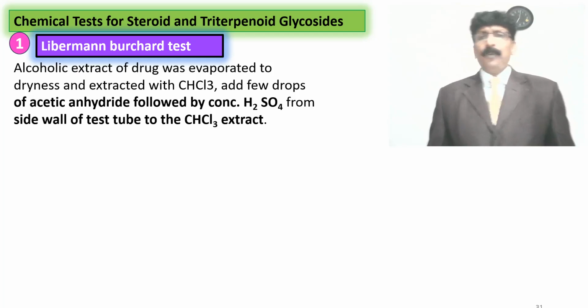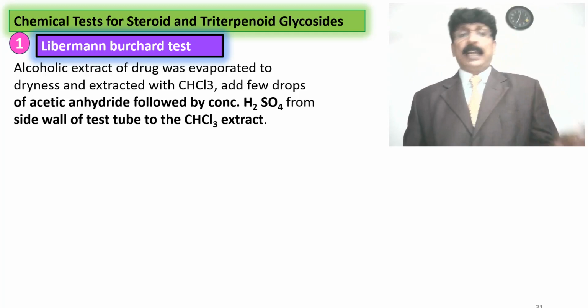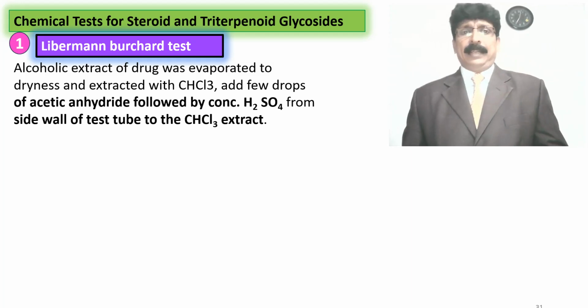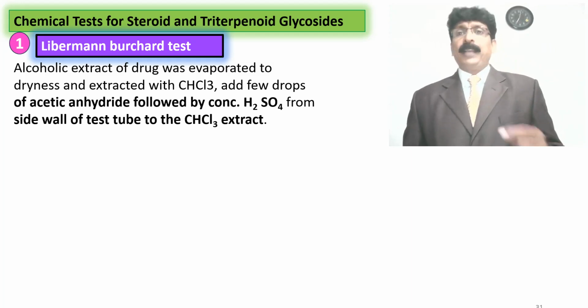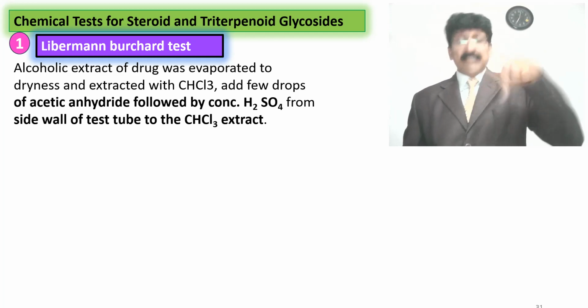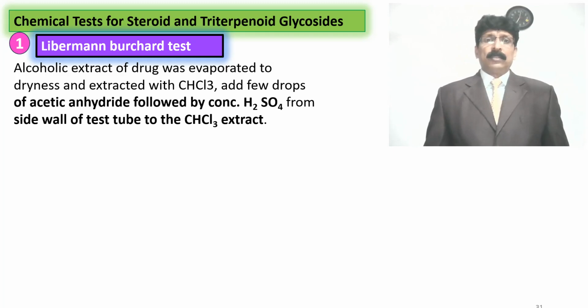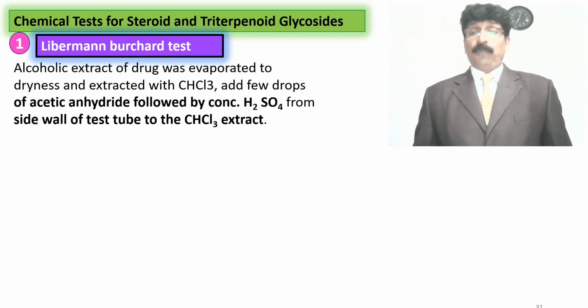How can you perform it? The alcoholic extract of the drug was evaporated to dryness and extracted with chloroform. Add a few drops of acetic anhydride followed by concentrated sulfuric acid from the sides and walls of the test tube to the chloroform extract.